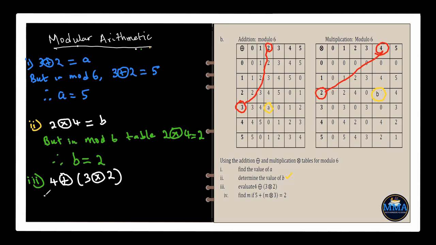So if you look at 3 times 2, let's go to the table of multiplication. 3 times 2 gives us 0. So this is 4 plus 0. And look at 4 plus 0, it gives us 4. All right. So with that, let's move on to the last question there.